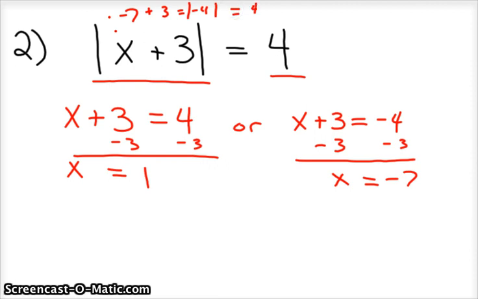Another check to see what's going on here: if you graph both of these on the number line, we have 1 here, and then 1, 2, 3, 4, 5, 6, 7, there's negative 7.